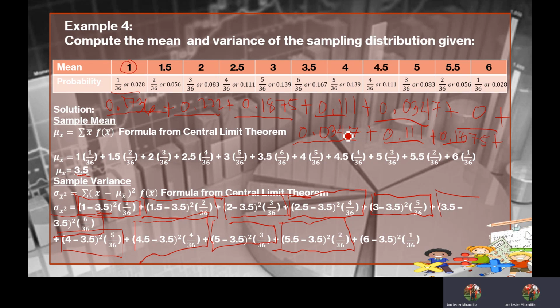Then the last one: 6 minus 3.5 squared multiplied by 1 out of 36 is equal to 0.1736.